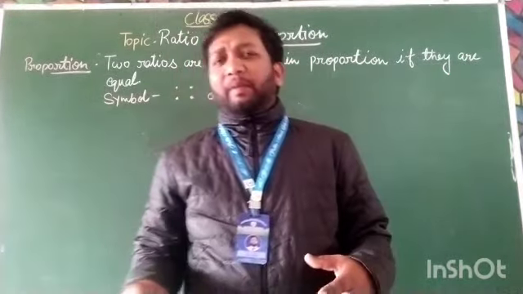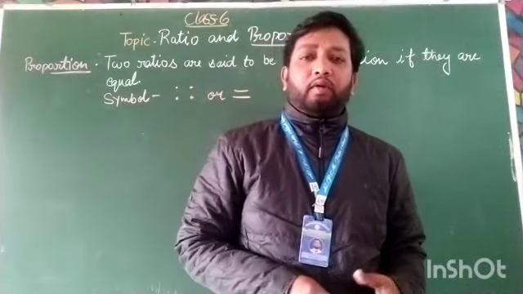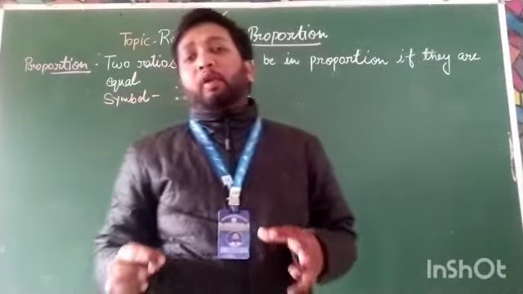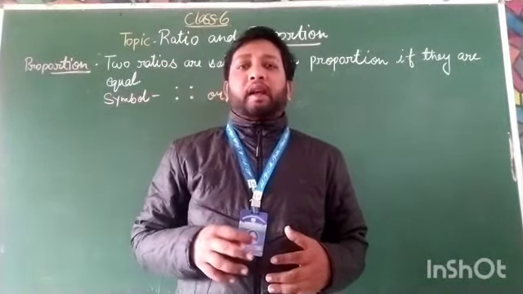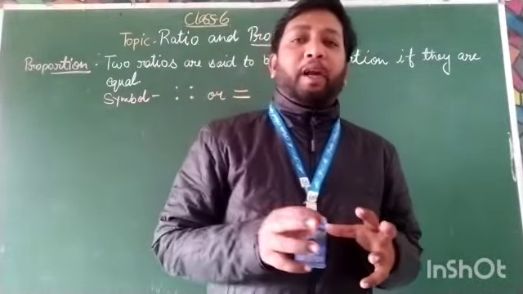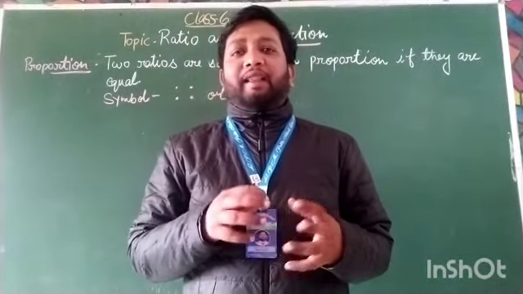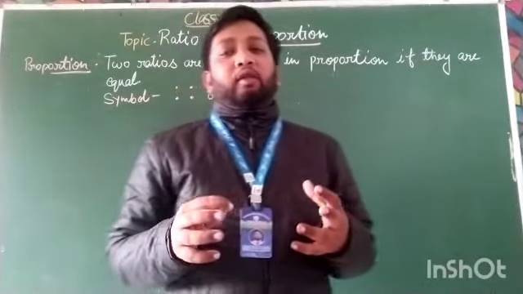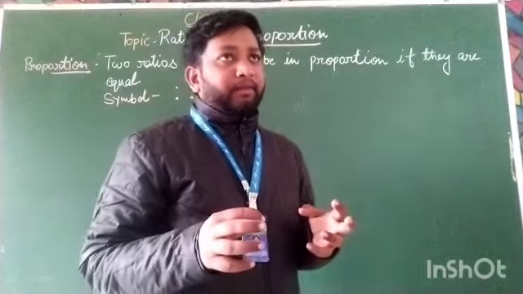In a similar way, if we have two ratios and we write both in simplest form and the simplest forms are equal, then we can say that both ratios are equal, and that the ratios are in proportion.